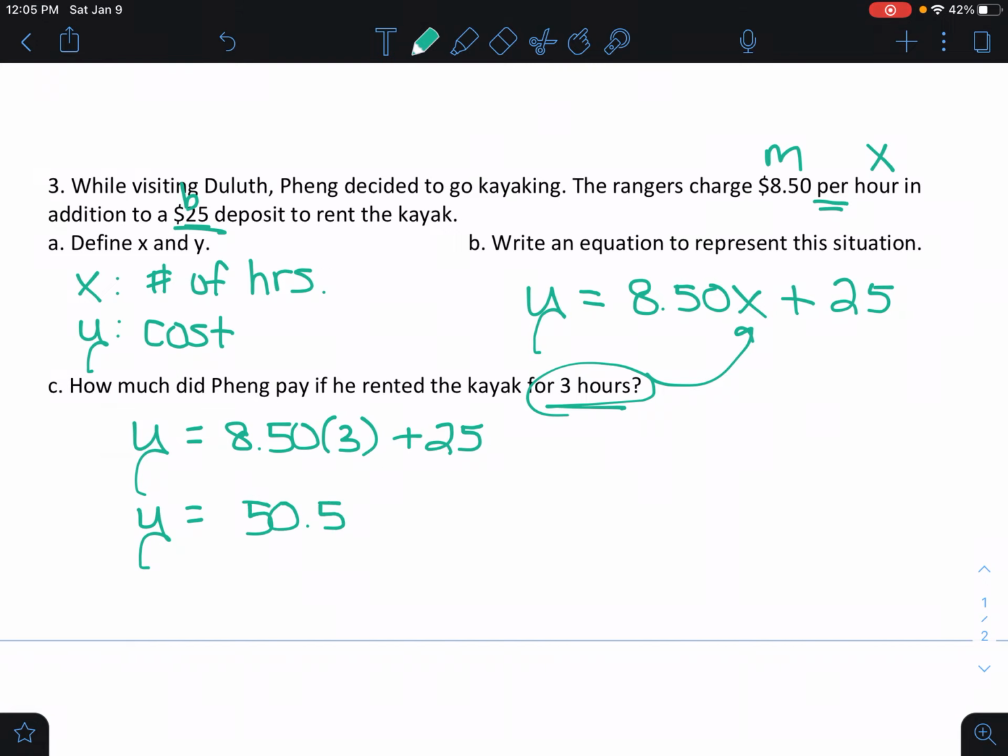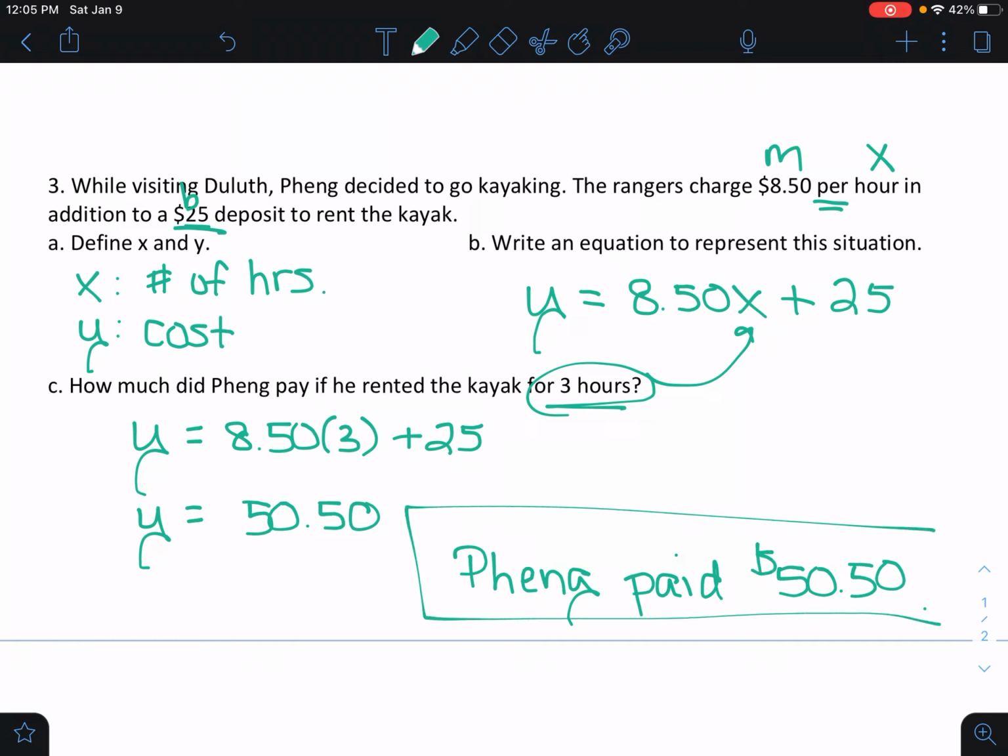Now this is money, so I want to add another 0 because it'd be $50.50. So how much did Peng pay? He paid $50.50 for the kayak. And I want to make sure I circle that.